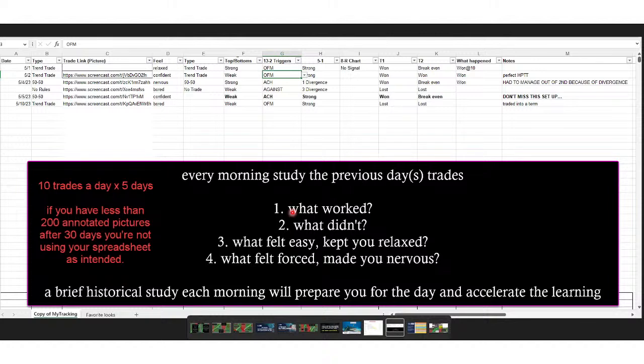And you're going to begin to recognize a lot of patterns in the market. And what you're going to realize is that what feels easy and keeps you relaxed is having those advantages of momentum, those clear paths. And what feels forced is when you begin to fight that overall flow of the market. So we're creating this process, this understanding of embracing advantages. And it will accelerate the learning if you go through this process.